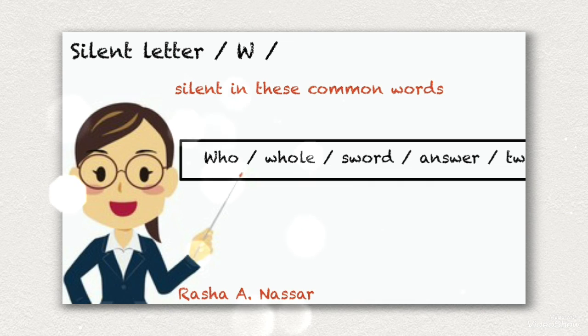Again, who, hole, sword, answer, two. So they are very common words in English, and we can see letter W in all these words, but we will not pronounce it because it is a silent letter.